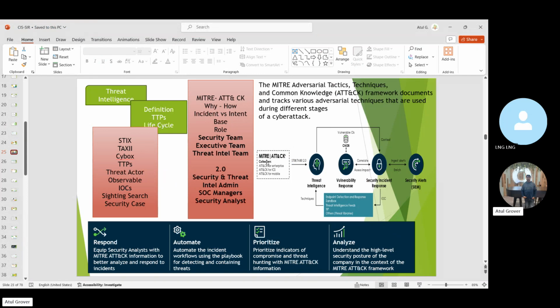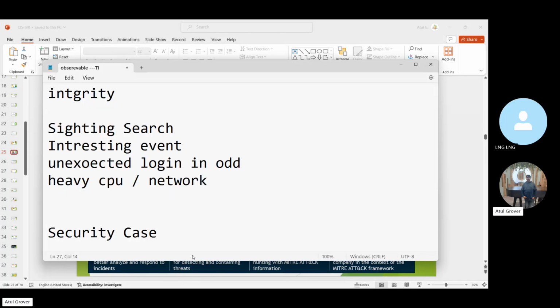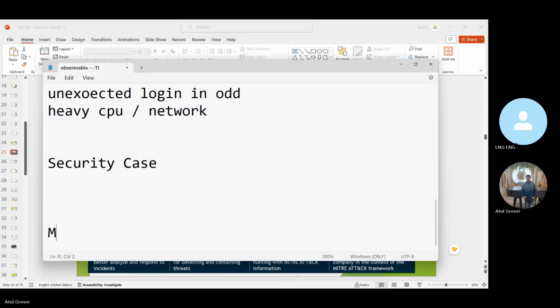It's called MITRE ATT&CK. Number one, these are not words, these are alphabets, and they contain a specific meaning here.